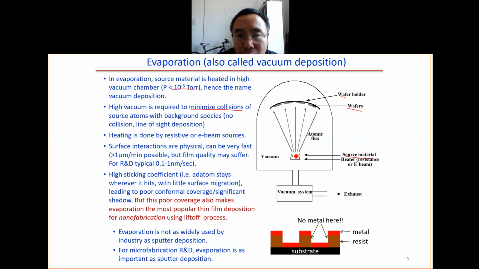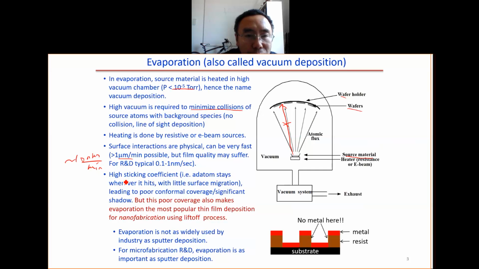That means the atom comes from here to here without collision with the molecules in the chamber. The heating is done by resistive or electron beam heating. The surface reaction is physical. It can be very fast, up to 1 micrometer per minute. For sputtering deposition, normally it is about 10 nanometers per minute. For evaporation, we can get to 1 micrometer per minute.